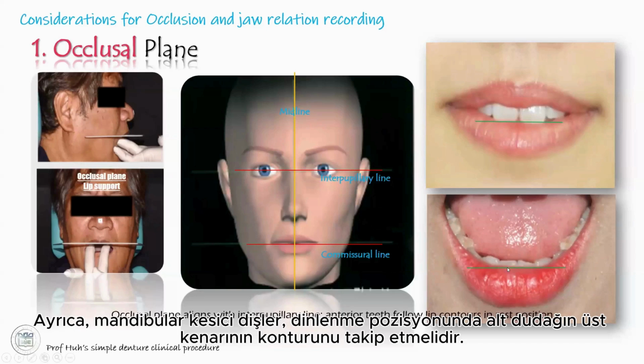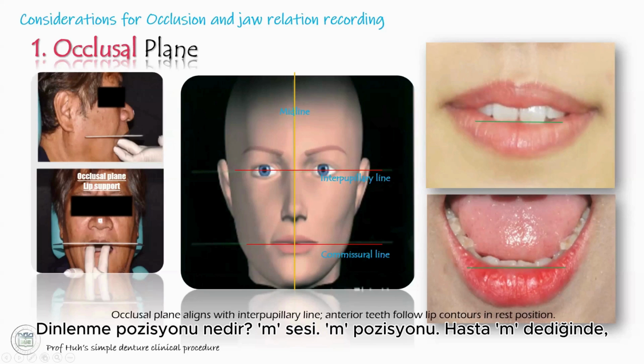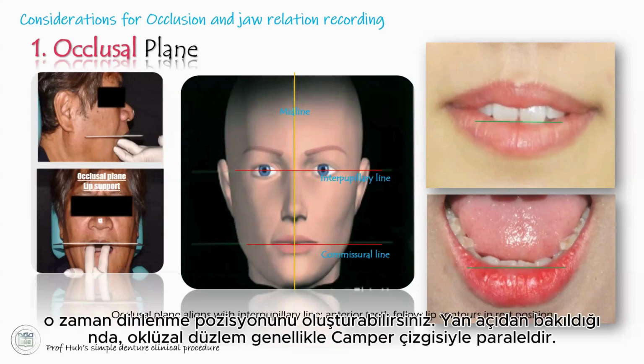Additionally, the mandibular incisors should follow the contour of the superior border of the lower lip during the resting position. What's the resting position? The M sound position. When your patient says "Emma, Emma, Emma," at that time you can get the rest position.